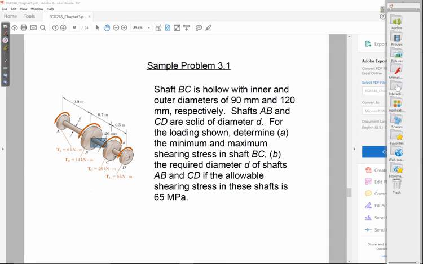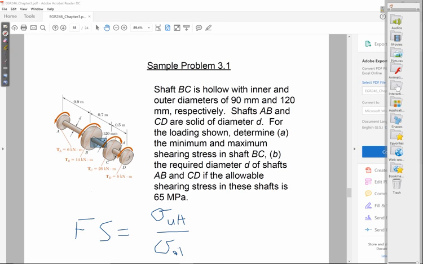If you go back to your definition for a factor of safety, factor of safety was equal to your sigma ultimate divided by sigma allowable.